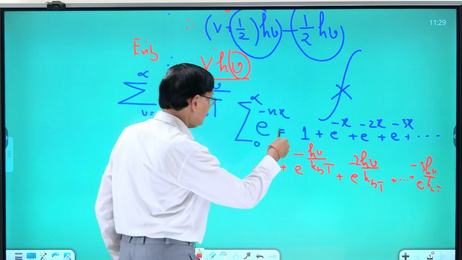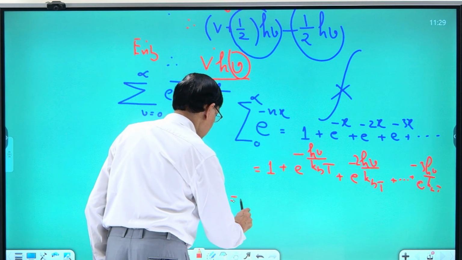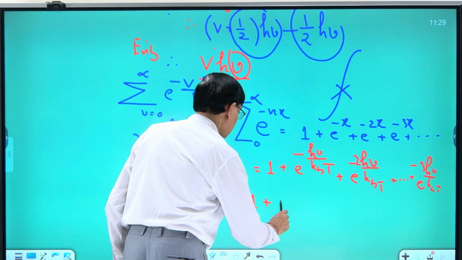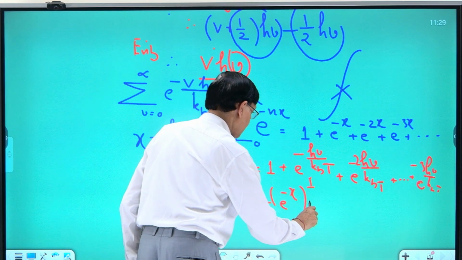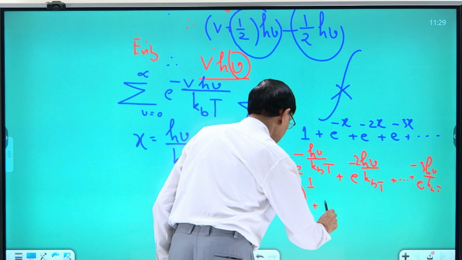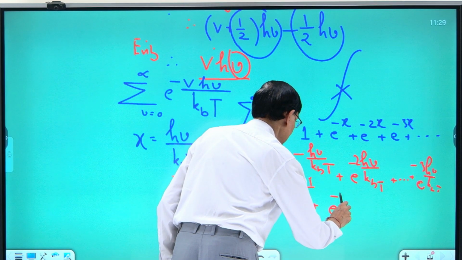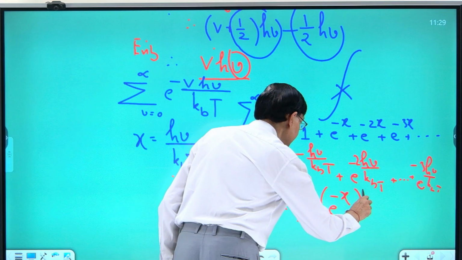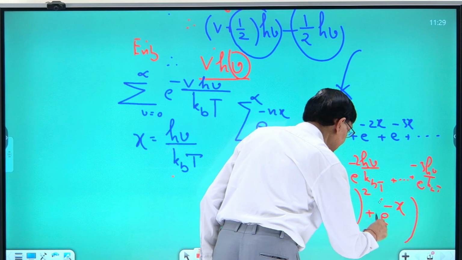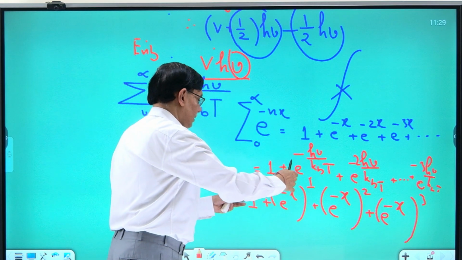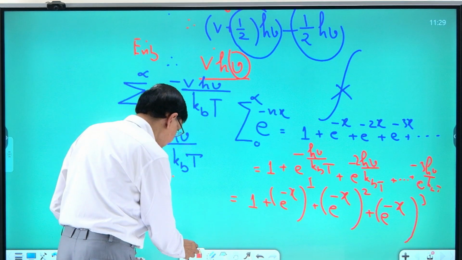Or I can write it like this: 1 plus e to the minus x, plus e to the minus 2x, plus e to the minus 3x, like that. Listen, it is a geometric series.